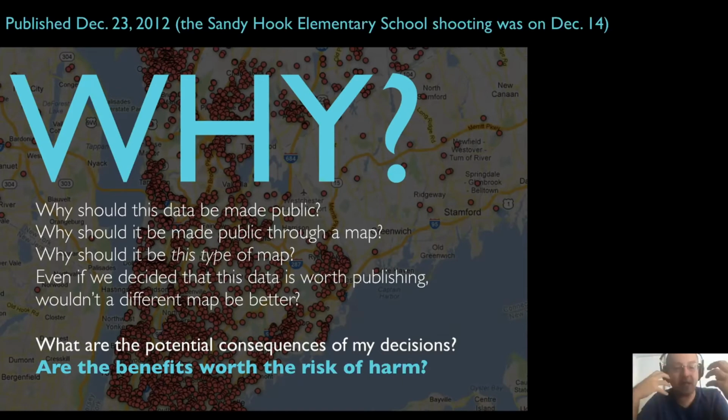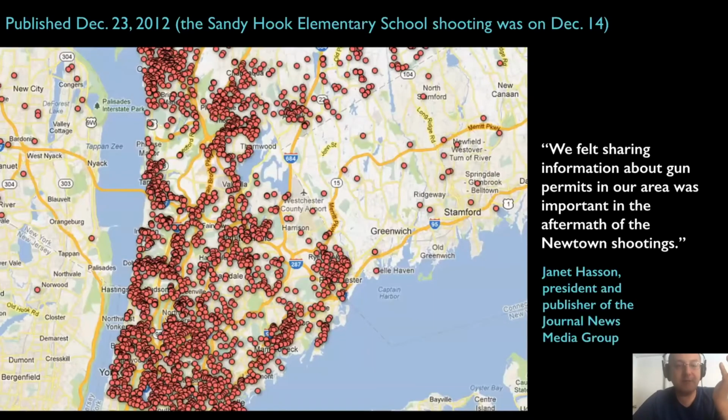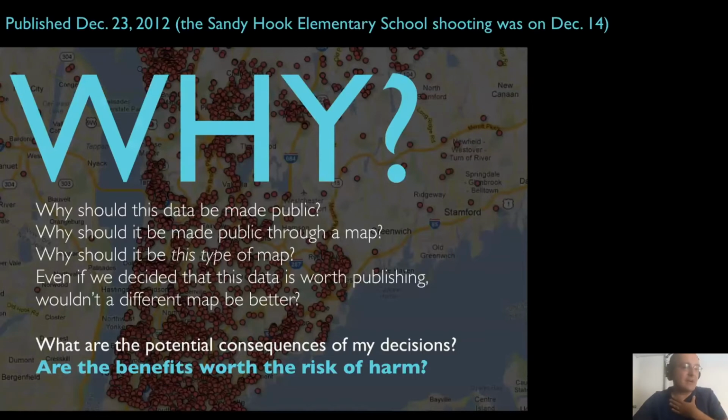So this is the way that we try to weigh the possible consequences of our actions against the possible benefits that our actions have, which they should have justified even more. Why do they think that sharing the information about gun permits is important? Why is it important? You need to explain that to me. I don't think that it is important, I'm just doing the devil's advocate position over here.